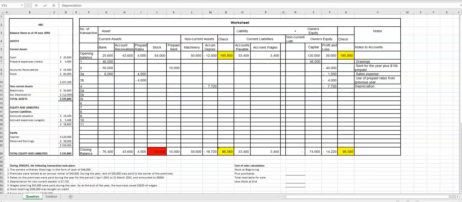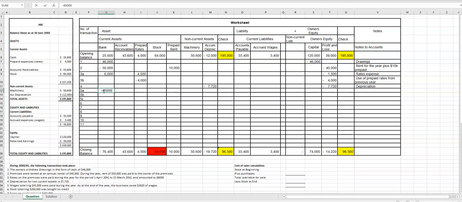Okay, so transaction 5 is wages totaling 45,000 were paid during the year. As at the end of the year, the business still owed $2,620 of wages. So let's start by paying our employees the amount of their wages. We paid them cash of 45,000. So straight away, our bank is going to reduce by 45,000.